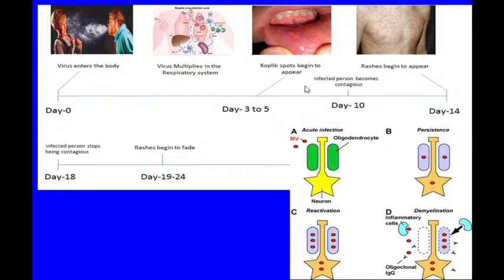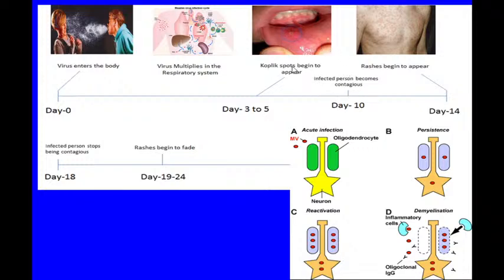Then usually, as a very first symptom, the Koplik spots will appear on the mucous membranes. They resemble grain crystals or grains of salt. So this is a very specific pathognomonic symptom, the Koplik spots, by which the disease can be recognized by the doctor.